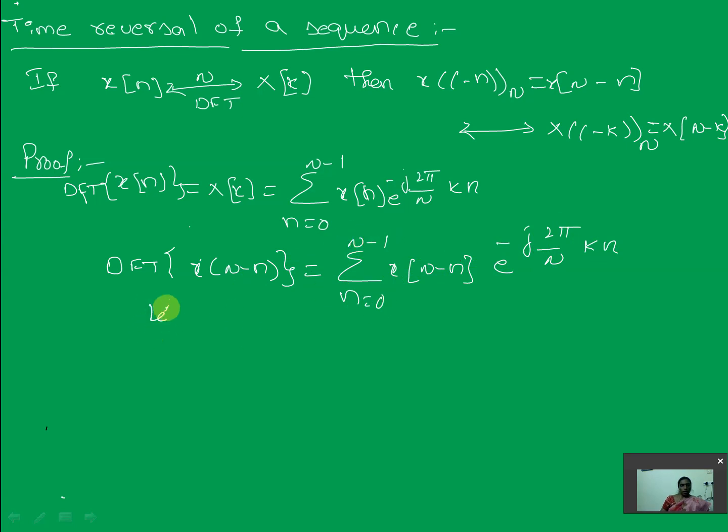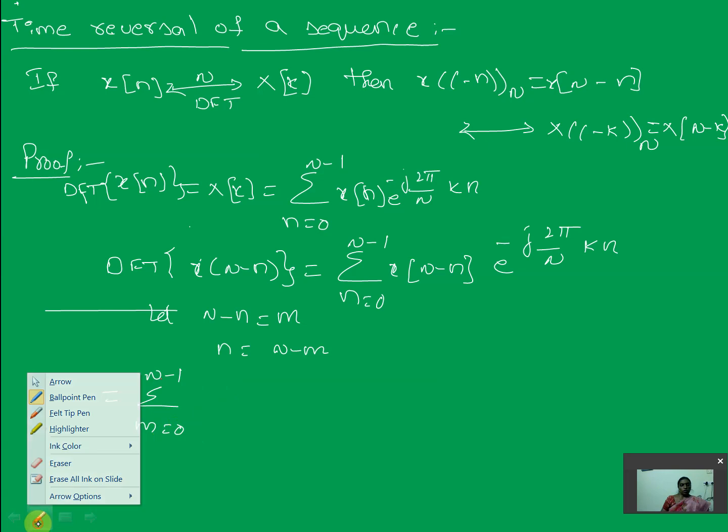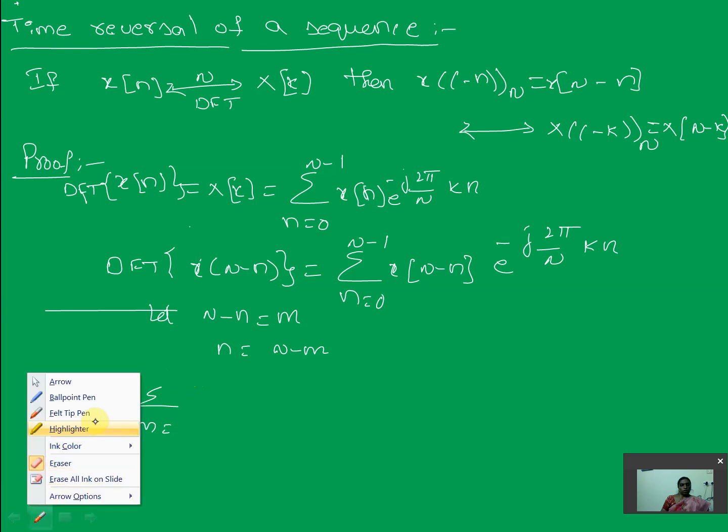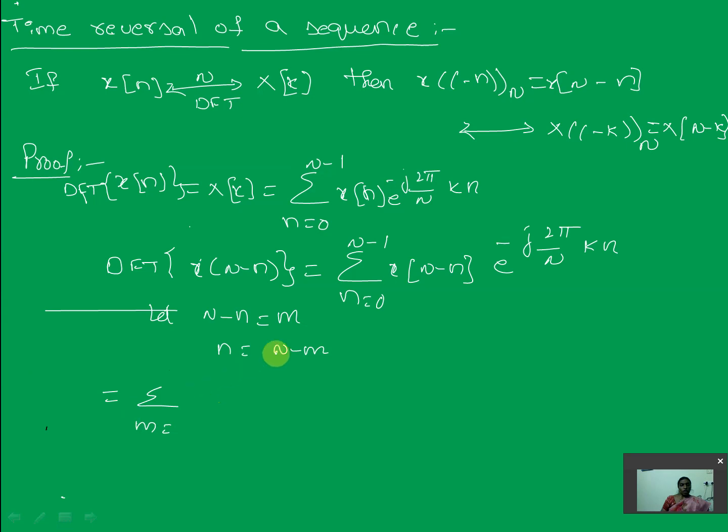Now let N minus n be m. So here n is nothing but N minus m. Then this DFT of x of N minus n is nothing but the summation over m, and we need to check the limits.